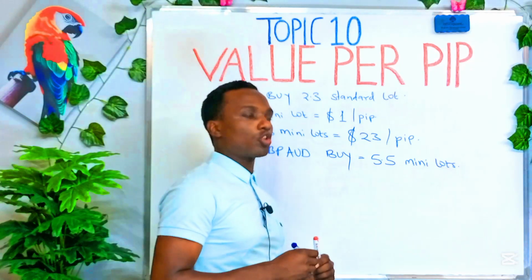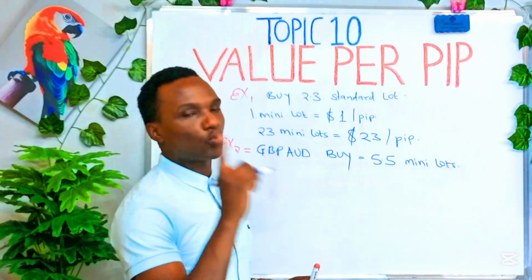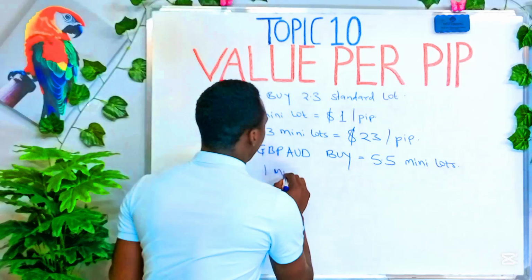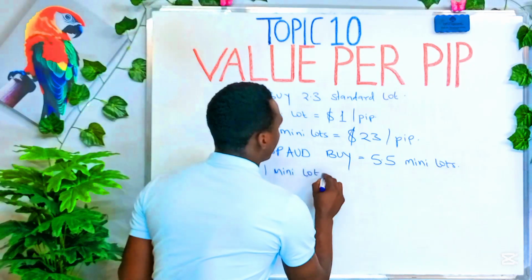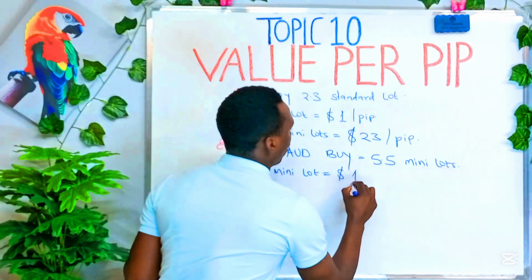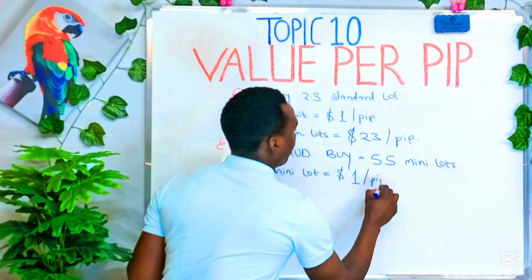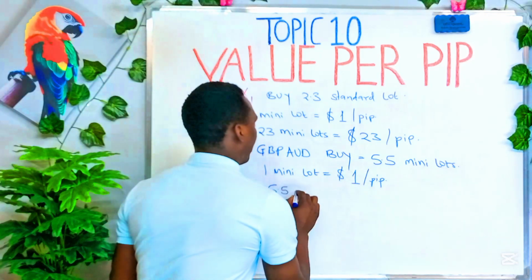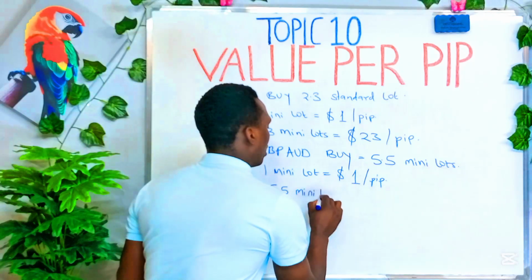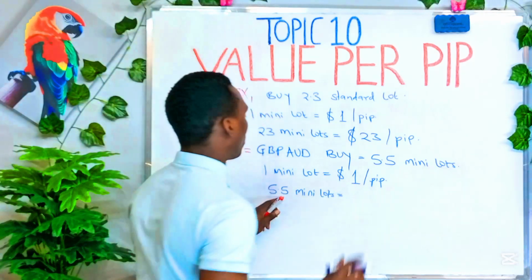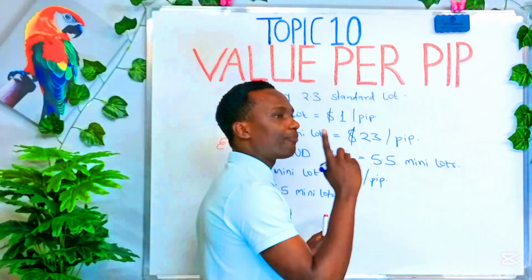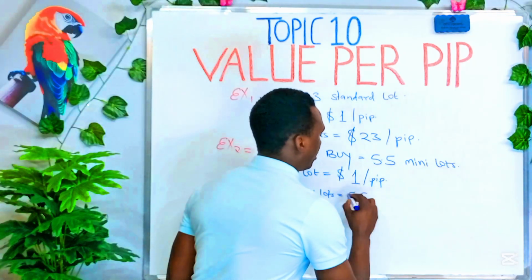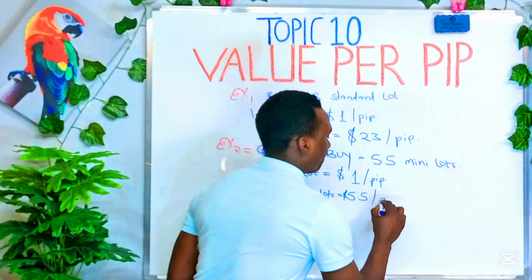We said one mini lot equals $1 per pip. So if you have 5.5 mini lots, it will be 5.5 dollars per pip.